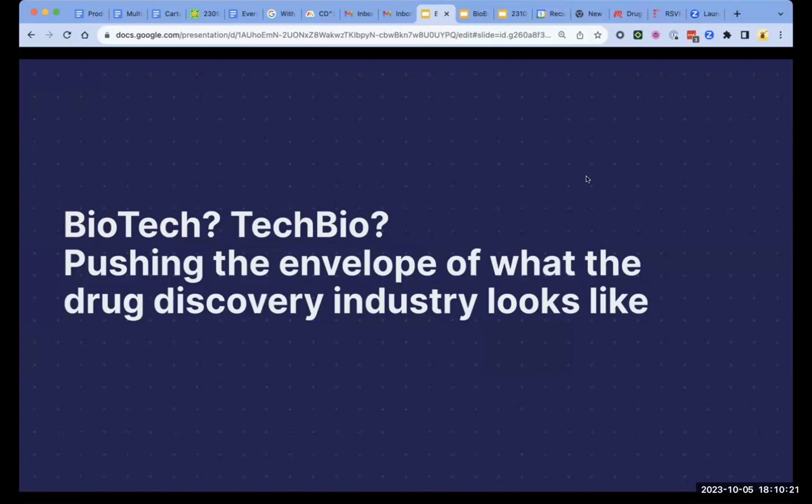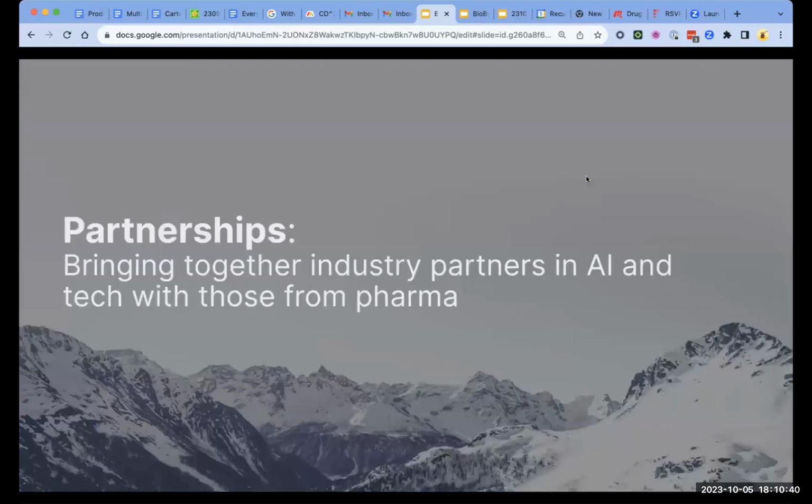So with this, there's this question of what does drug discovery look like in the future? We've shifted a lot from talking about being a biotech company to being a tech bio company. And the reason is that we really want to bring some of the ways of thinking that the tech industry has into the biosciences. One of the ways that we do that is by partnering.